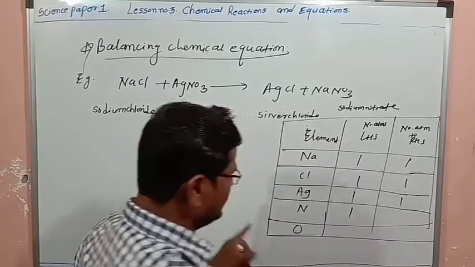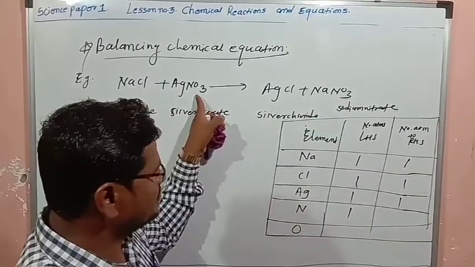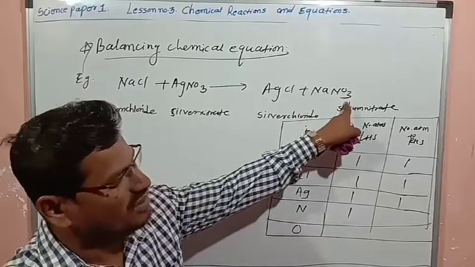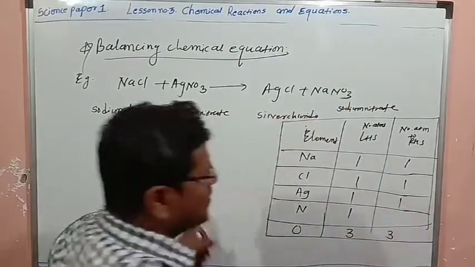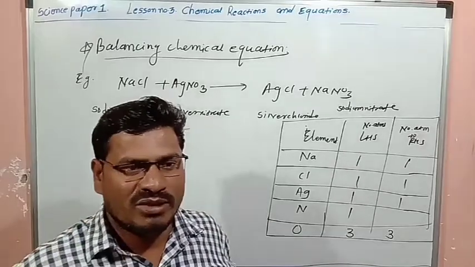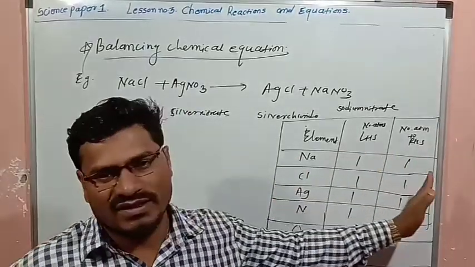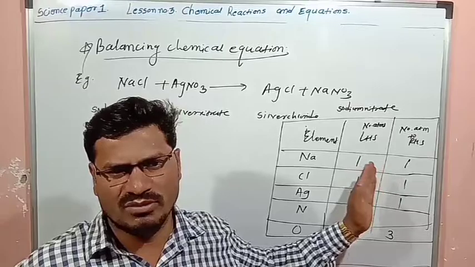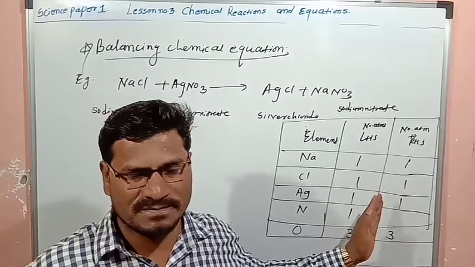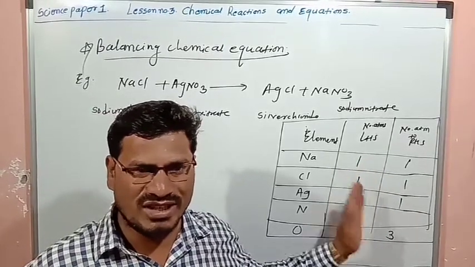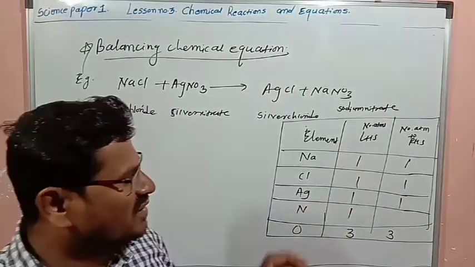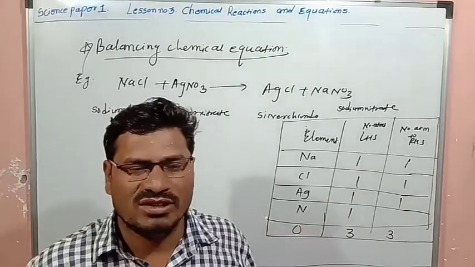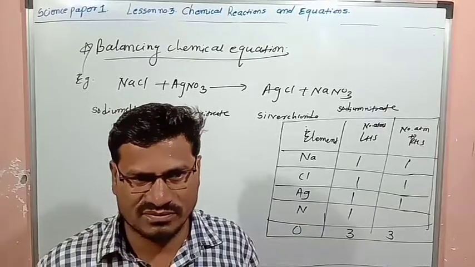Oxygen to the LHS 3 and to the RHS 3. If you count the number of atoms of each element to the LHS and to the RHS, in this chemical equation both are same or equal. So such a chemical equation is called a balanced chemical equation.